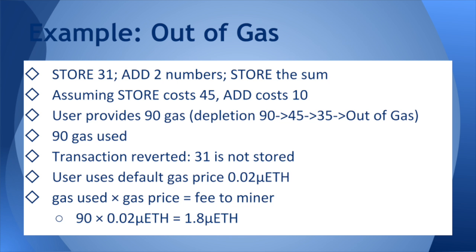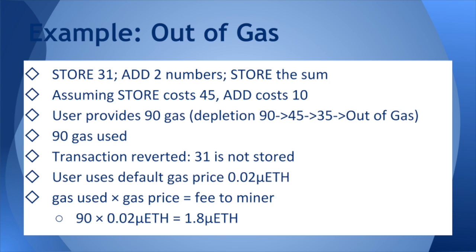We're going to use the same numbers that we did in the previous example, but this time, let's say the user only provides 90 gas. So they start at 90, the number 31 is stored, so now there's only 45 gas left. The EVM adds the two numbers, there's only 35 gas left. And then the EVM is going to try to store the sum.